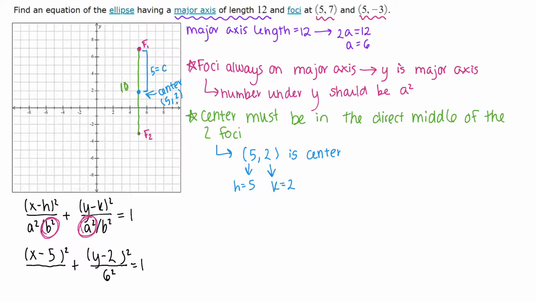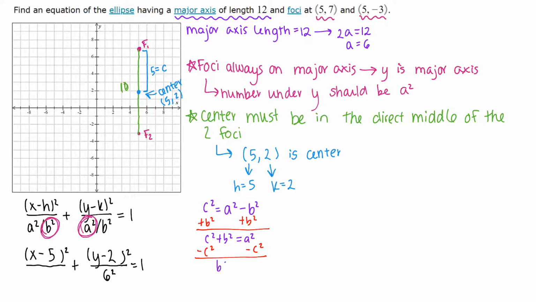Furthermore, we have a formula. We know c squared is equal to a squared minus b squared. If I want to solve for b squared here, I could add b squared to both sides. So I get c squared plus b squared is equal to a squared. And then to get b squared by itself, I can subtract c squared on both sides.